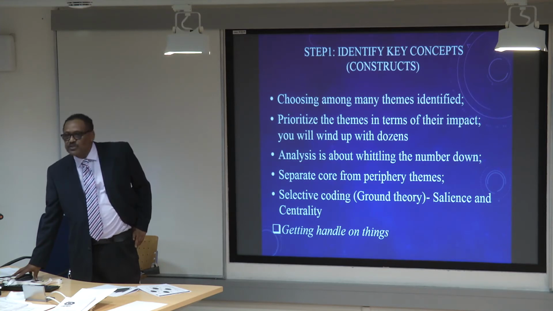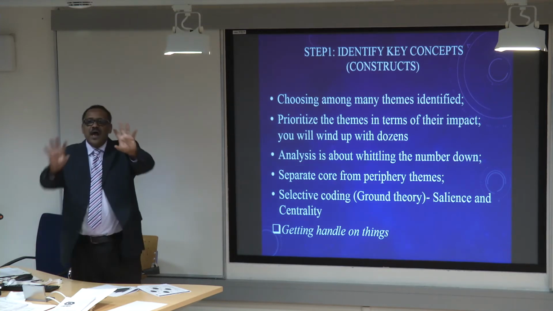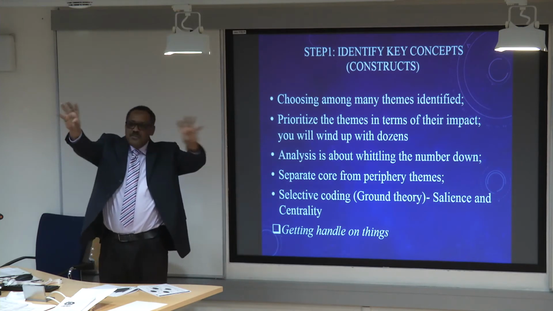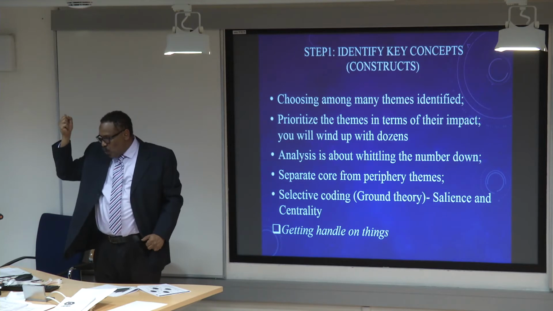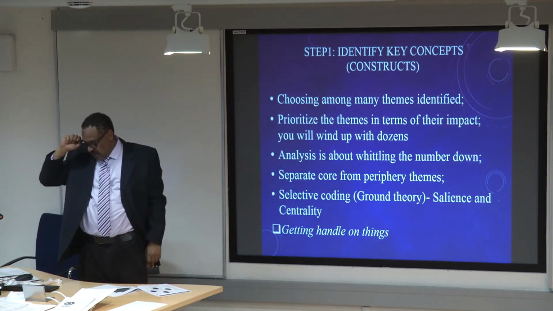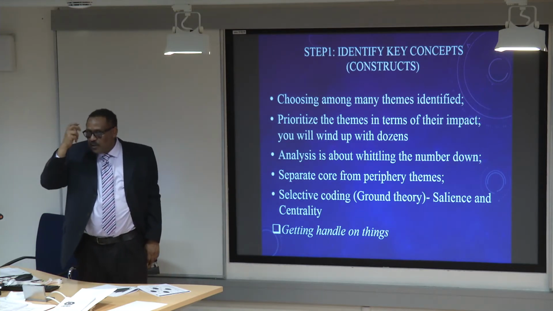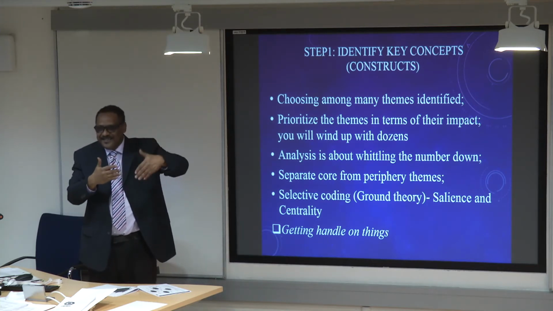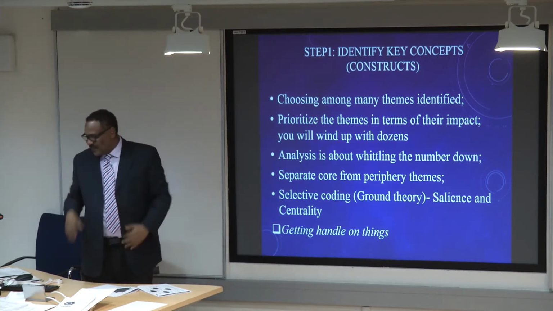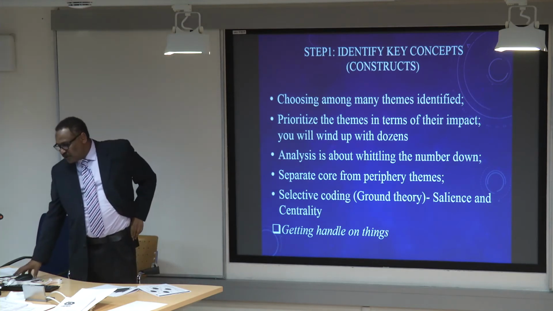When you analyze your data, you may have different themes, but sometimes you want to do what? Some themes are more important, are themier than others, because they are at the center of things. You will wind up with dozens.